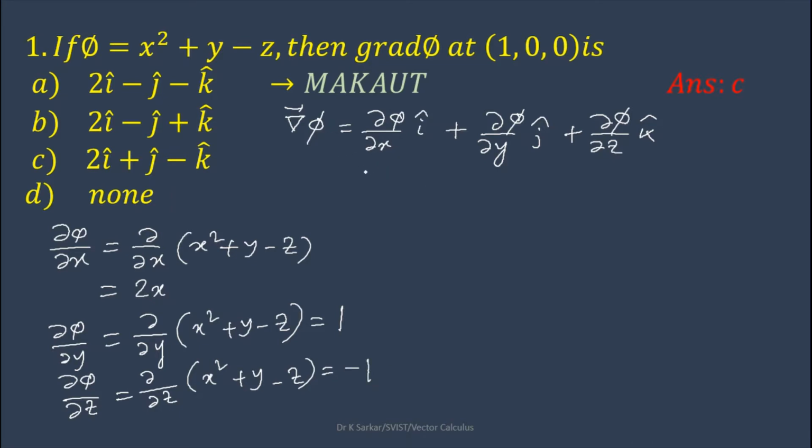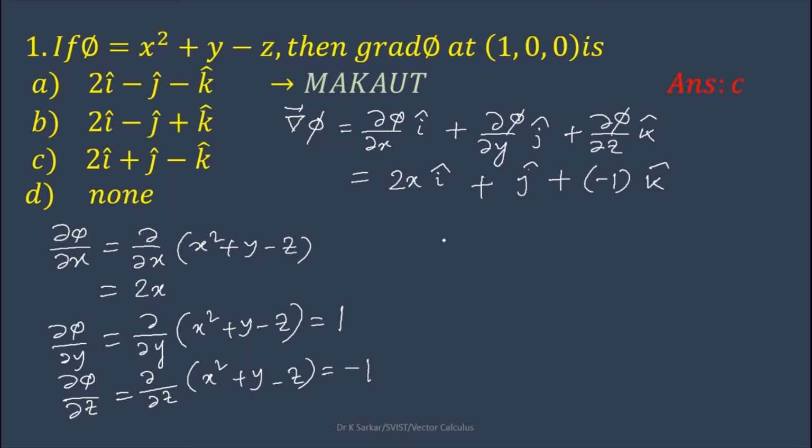Now let us put here del phi del x is 2x i, del phi del y is 1, so only j, plus del phi del z is minus 1 k. Now let us put x as 1, y as 0 and z as 0.